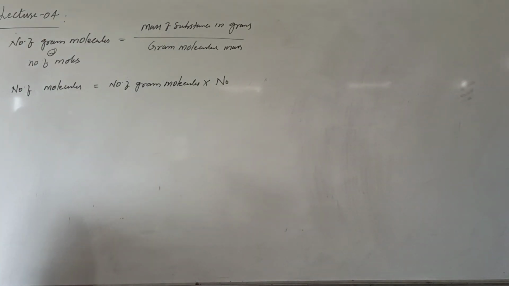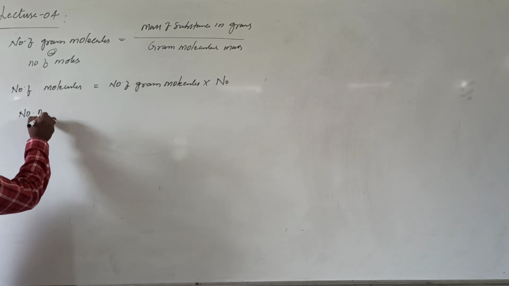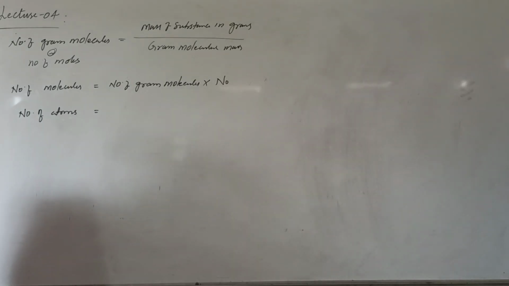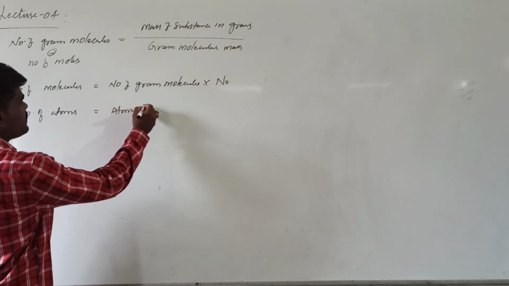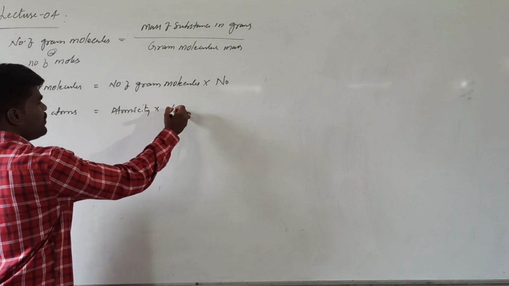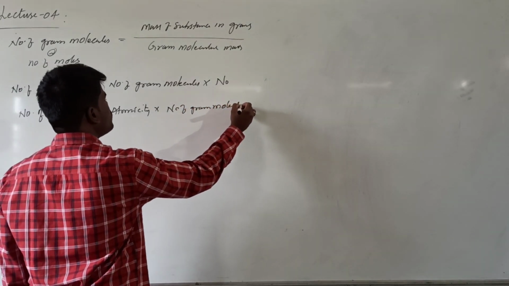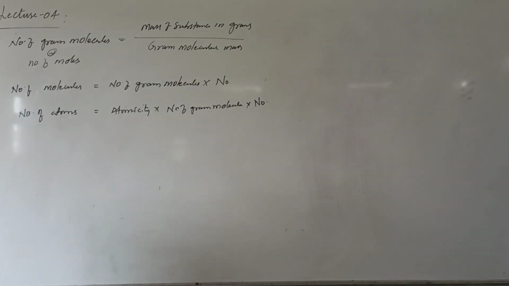And what about the third one? Number of atoms in a molecule. This is generally calculated from atomicity into number of gram molecules into Avogadro number. Are you getting this?